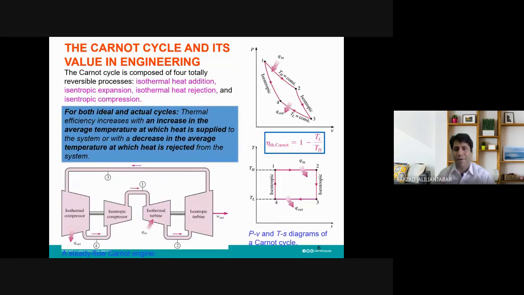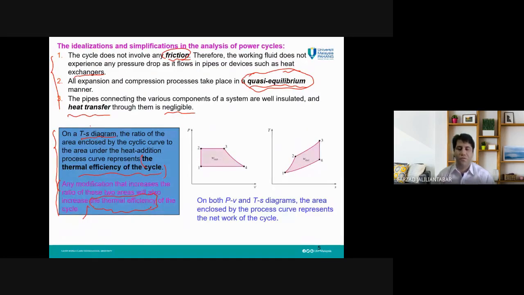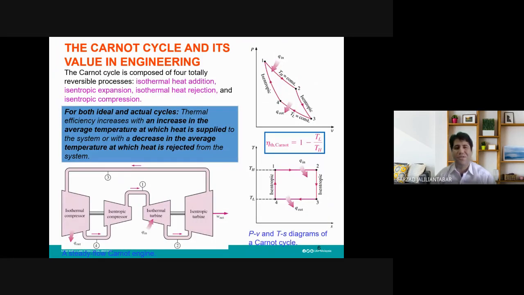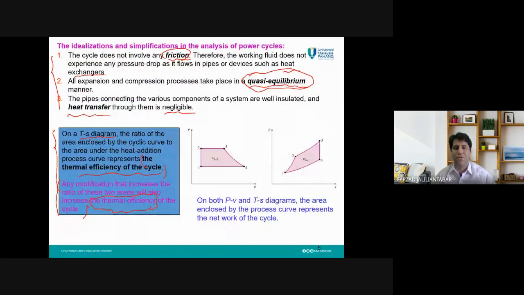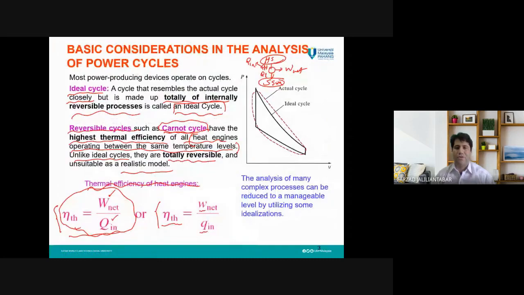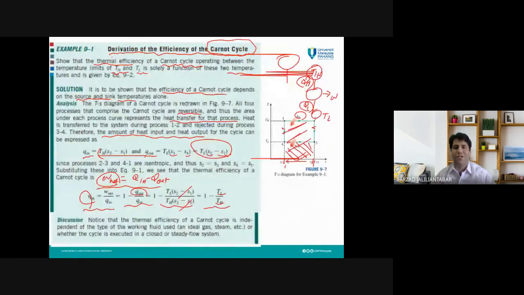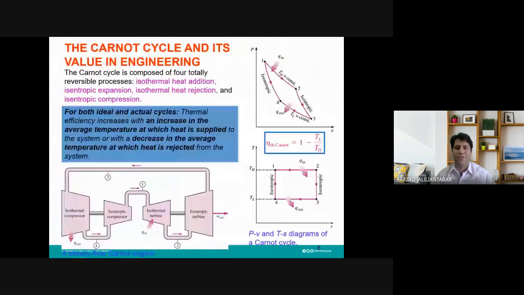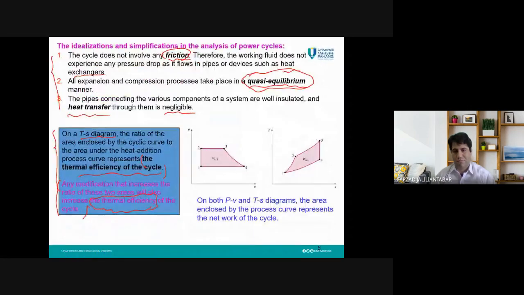These are just a few pieces of information about different types of the cycle. I think it's enough for this session. The next session will continue with the Carnot cycle and its value in engineering. Here, I simply introduced you to the cycle and also the importance of the thermal efficiency of the cycle.